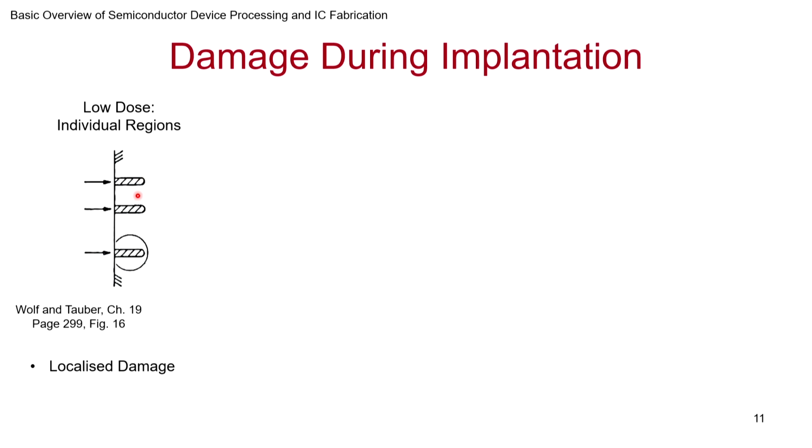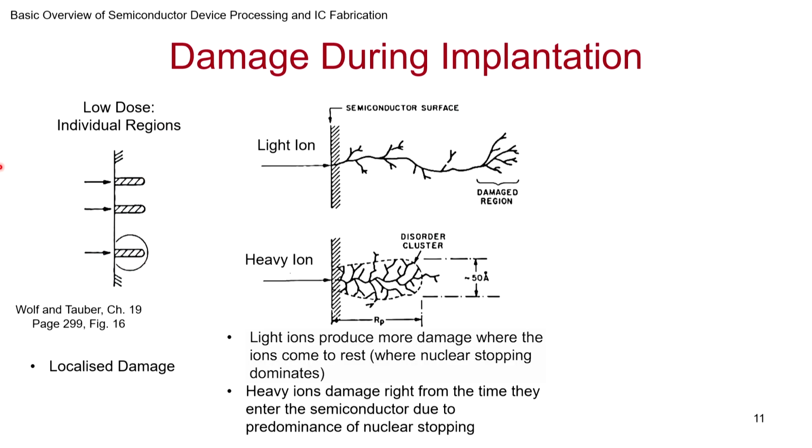Remember that other regions may not be as much damaged. On the other hand, most implants are at intermediate dose. You need some dose, except maybe for threshold adjust, where you may use very little, but typically you need a slightly higher dose, 10 to the 13, 10 to the 14. Sometimes, of course, for source drain, you have a very high dose.